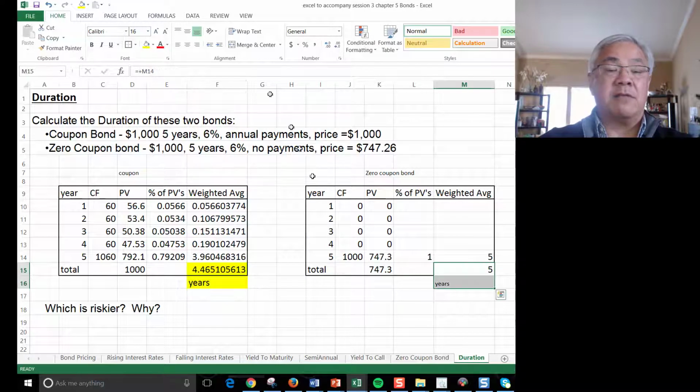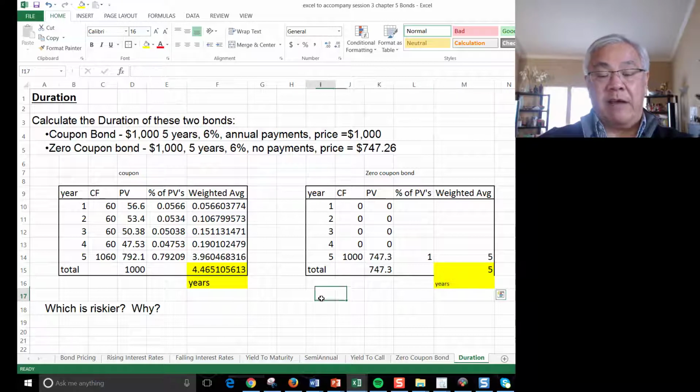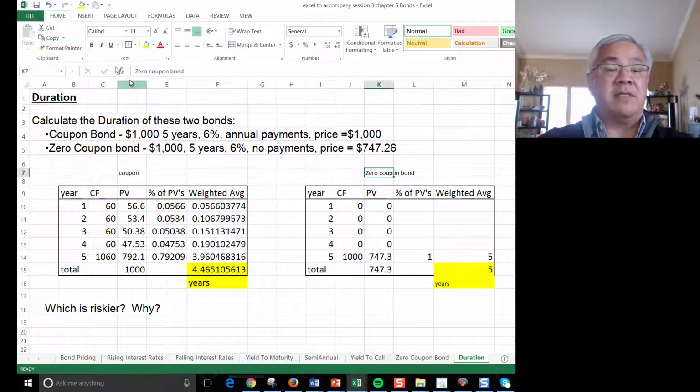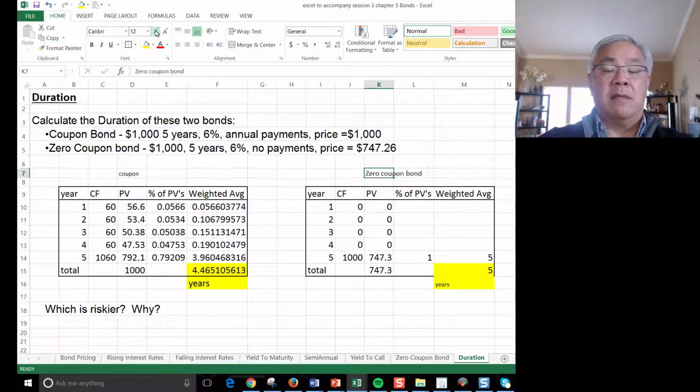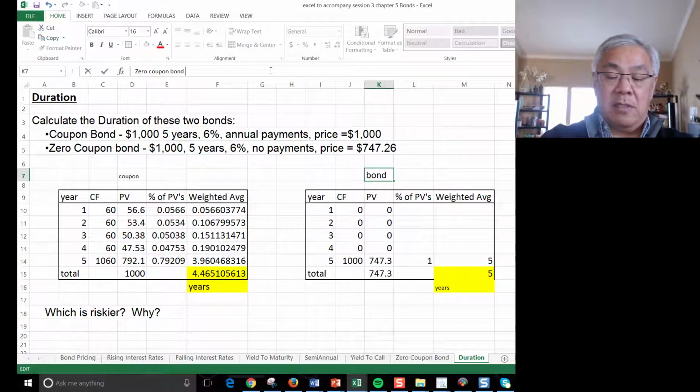versus 5 years. So a couple of observations. First, for a zero coupon bond, the duration equals the life of the bond, right?